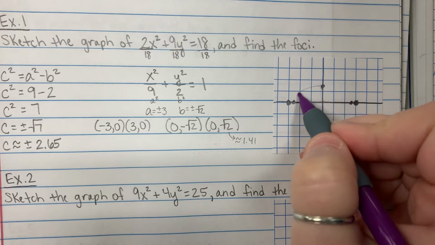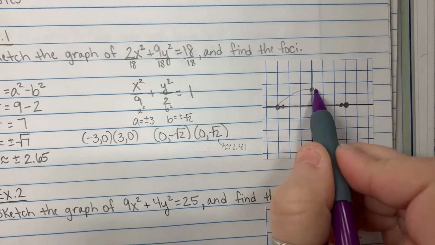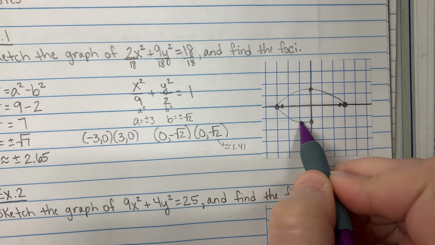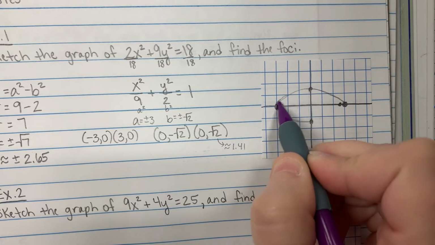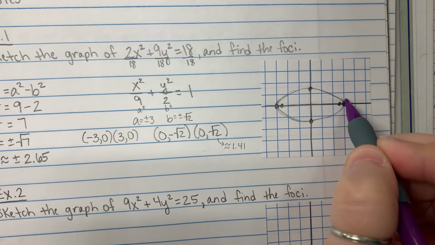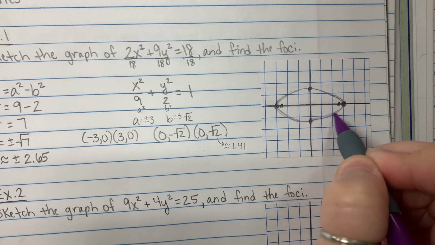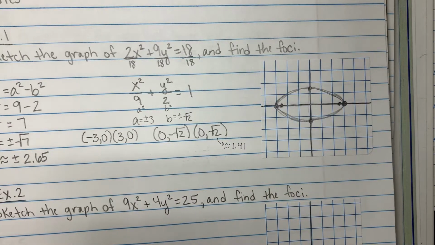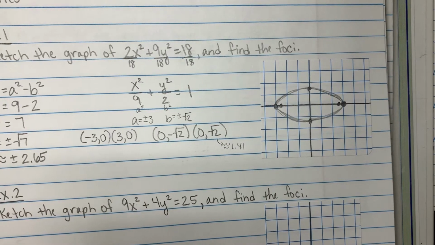So my ellipse is going to look something like this. This is really curved right there. It shouldn't be pointy. So when you're sketching it, make sure you round out those corners. Okay, so it's about like that.